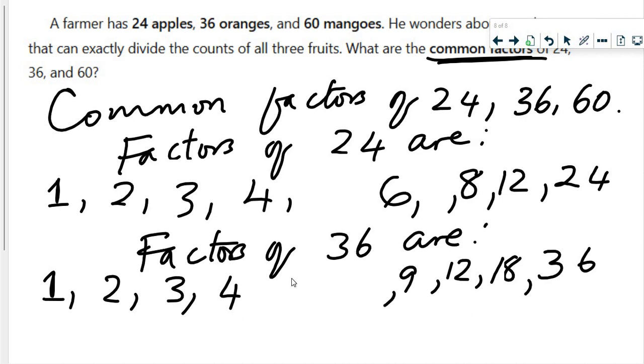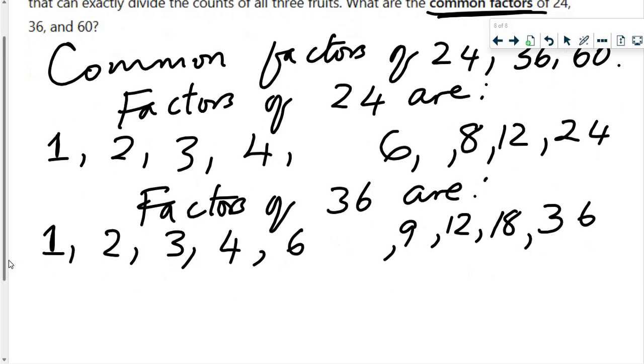Go to 5, no. 6, yes, because 36 divided by 6 gives you 6. Stop there. 7, no. 8, no. 9 is already there. So the factors of 36 are 1, 2, 3, 4, 6, 9, 12, 18, 36.